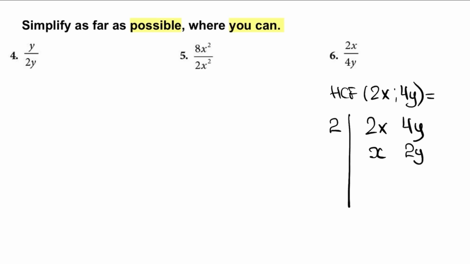As we don't have any common number, and we don't have any common letter, our highest common factor is 2. So 2x can be written as 2 times x, and 4y can be written as 2 times 2y. We simplify these 2, and then we get x over 2y. This is the answer for question number 6.